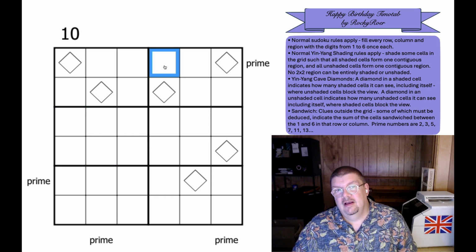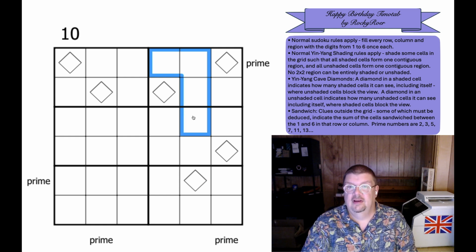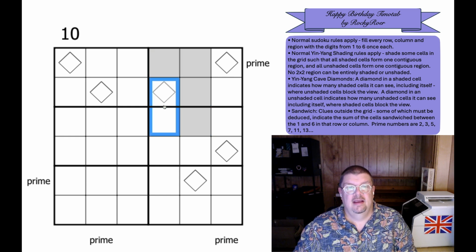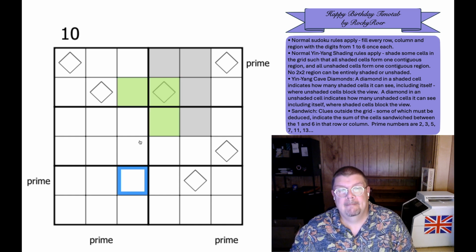So I am going to be coloring some cells in two different colors, and I'll probably have gray and green. That would be, no, let's try again. There we go, gray and green.